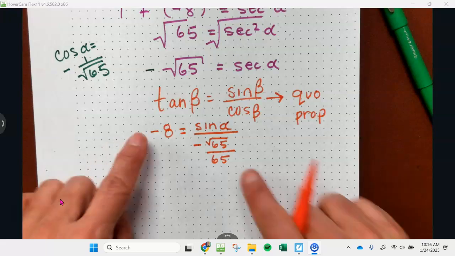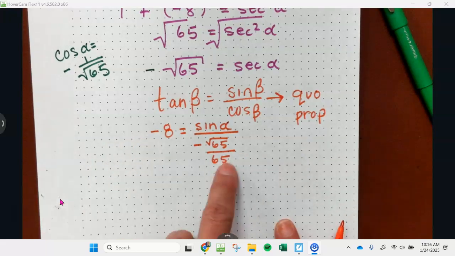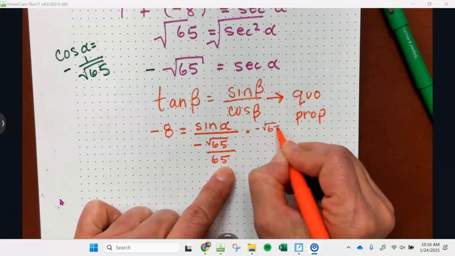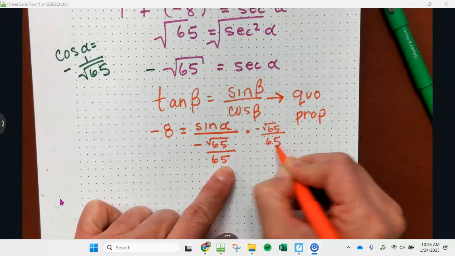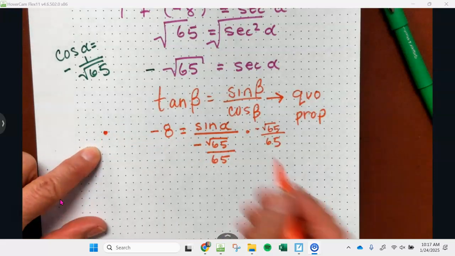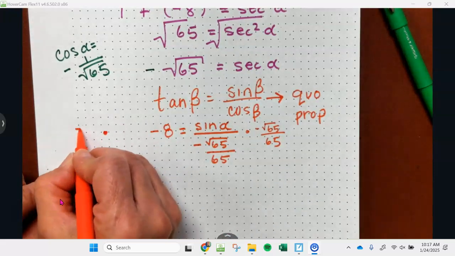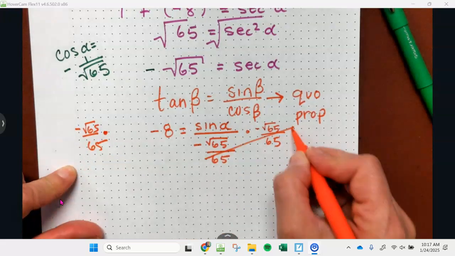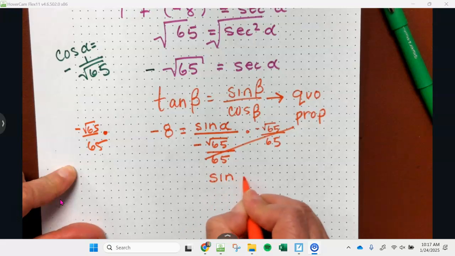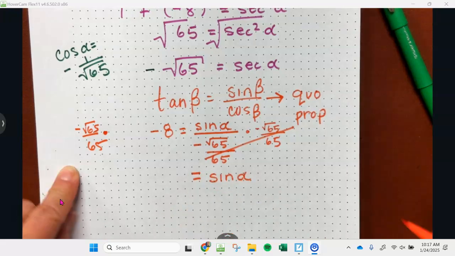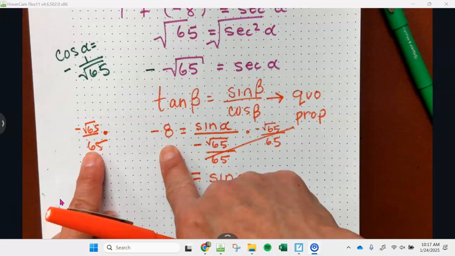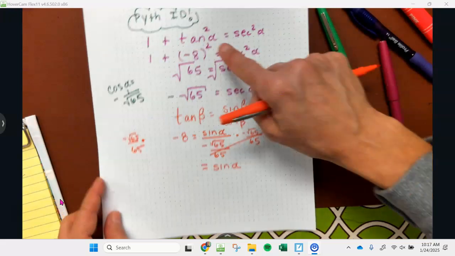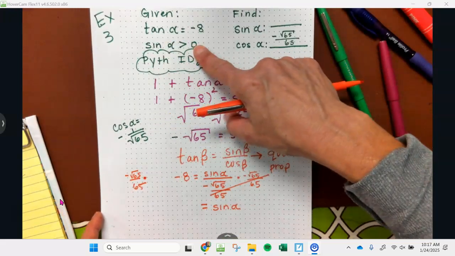So to solve for sine, we're just going to multiply both sides by this denominator. So negative 65, root 65 over 65. Okay, those go away. Here we go with sine alpha. Now remember, two negatives multiplied together is a positive. And that goes with that piece of given information.